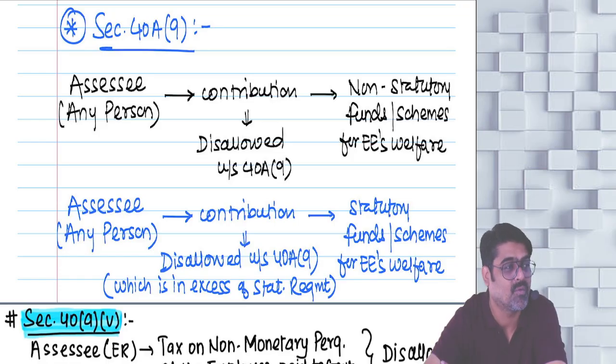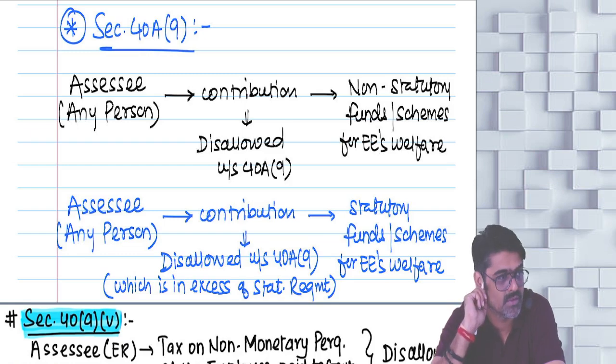Do you remember what was the limit specified for NPS? If I contribute to the NPS account of my employee, how much can I contribute? Maximum 14% of my employee's salary. To that extent I can contribute. Is the contribution made to a statutory fund? Yes. It is made up to the statutory limits.